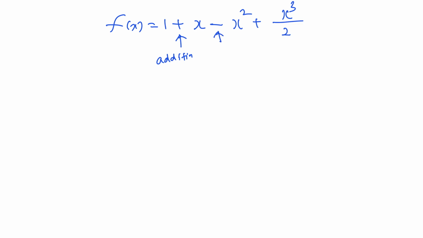This is subtraction. This is you multiply x by x, multiplication. This is division, right? So any simple function representation can be represented by 4 basic different arithmetic operations.